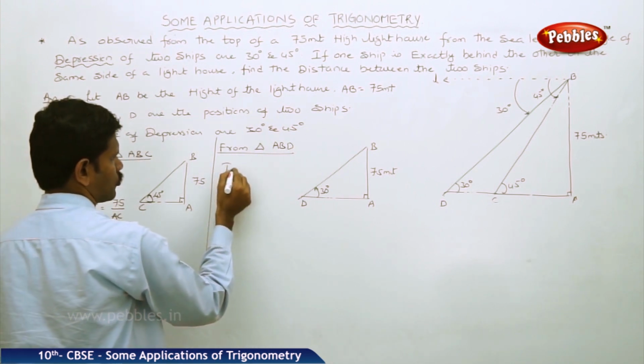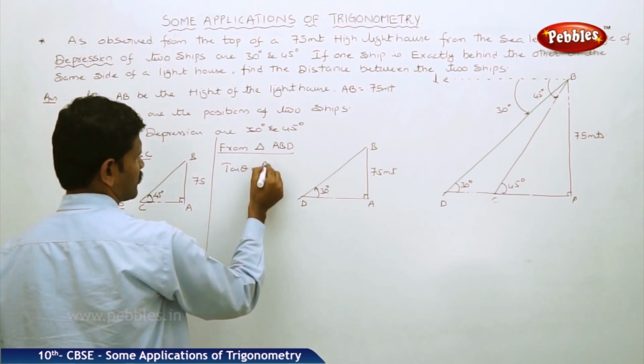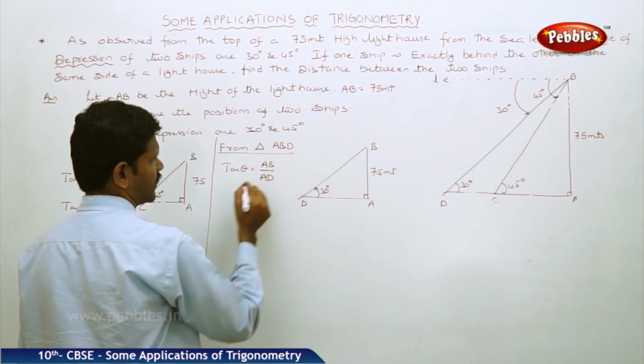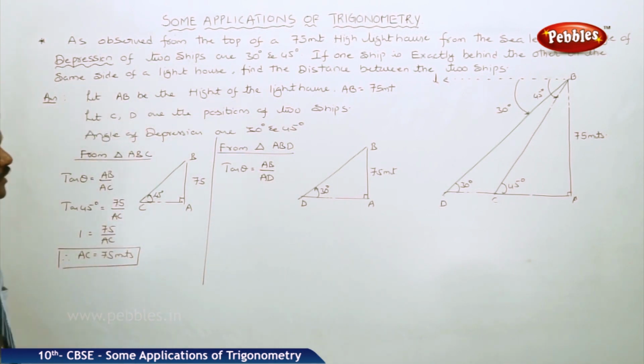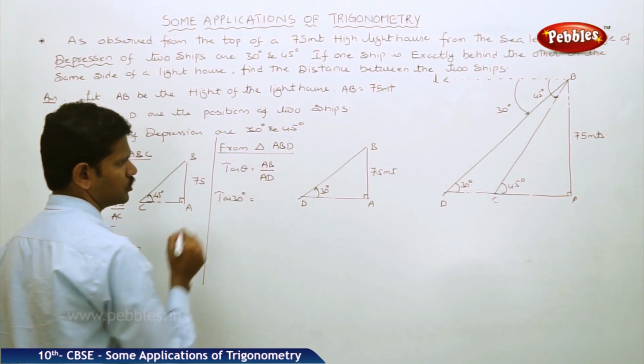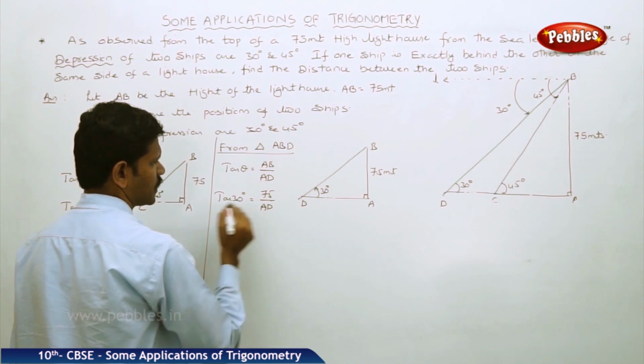Now tan theta is equal to opposite side AB by AD. Now tan 30 degrees is equal to AB value 75 by AD, we have to find.